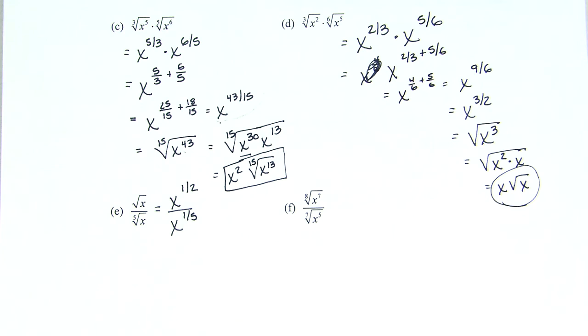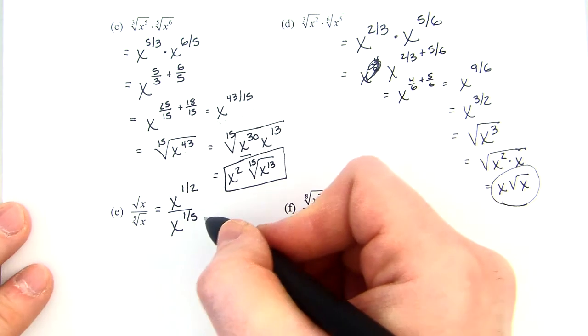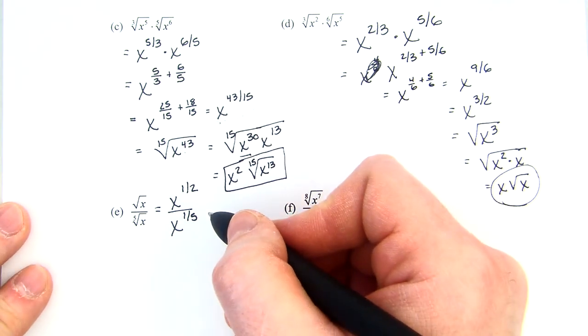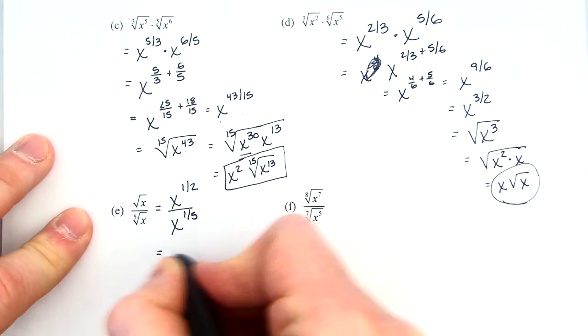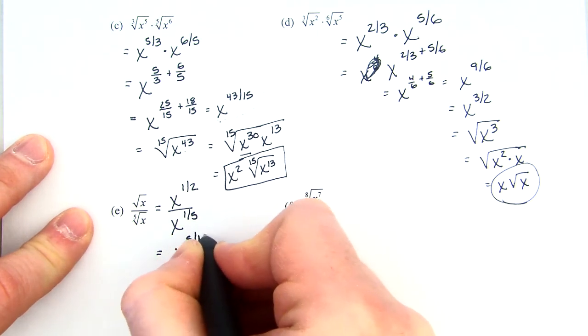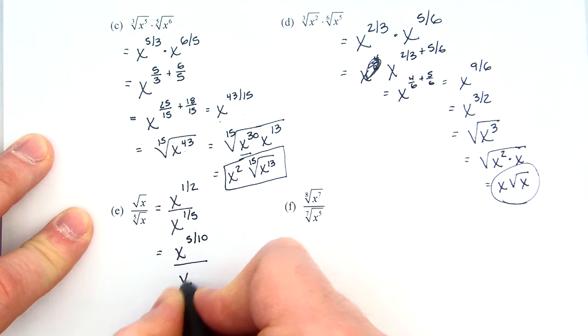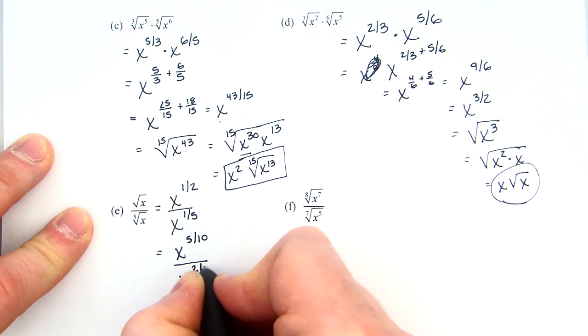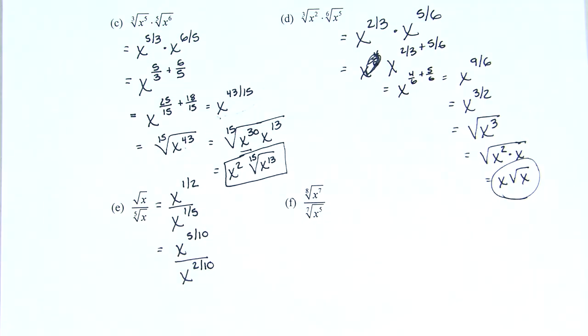You know what? Why don't we get the common denominator first, only so I know which one is bigger, because remember, either the top is bigger, put it on the top, or the bottom is bigger, subtract, put it on the bottom. 2 and 5, common denominator is 10. So I think this is x to the 5/10 over x to the 2/10. Yeah, I think we can subtract and the answer is going to go up top.